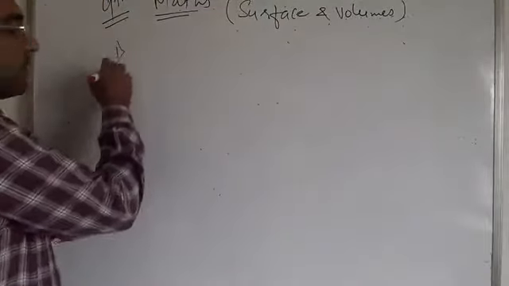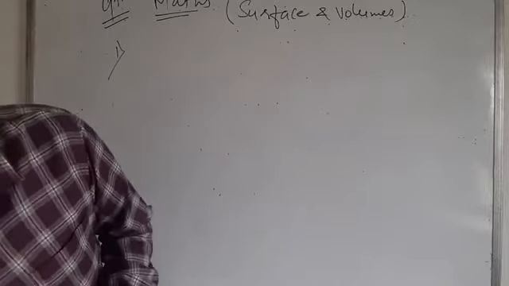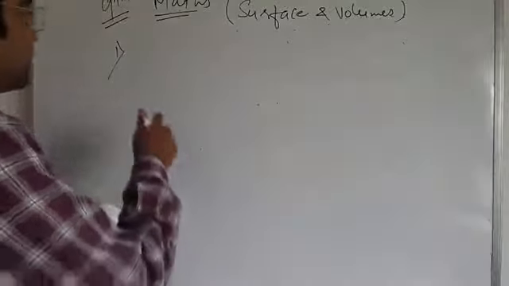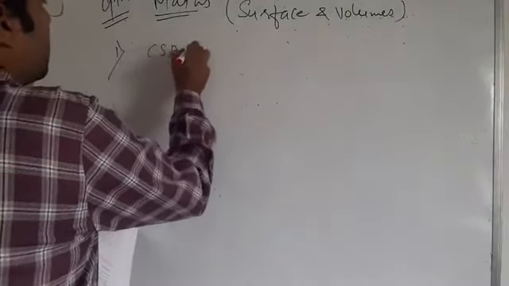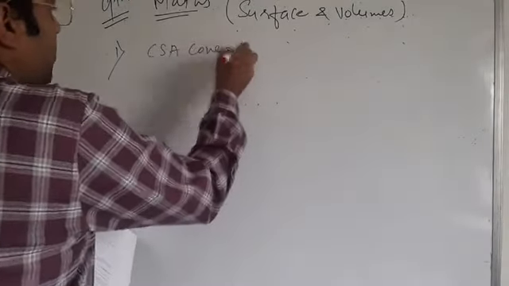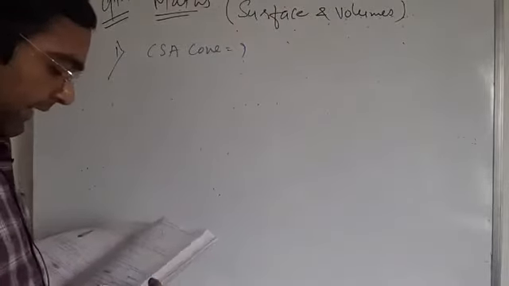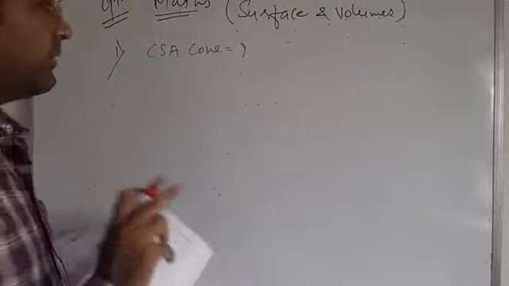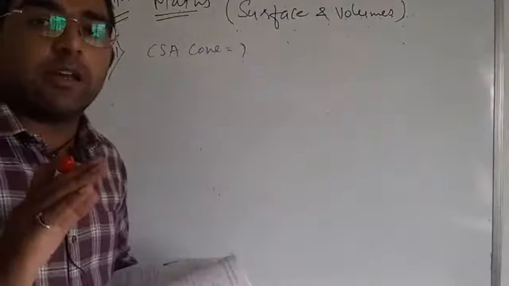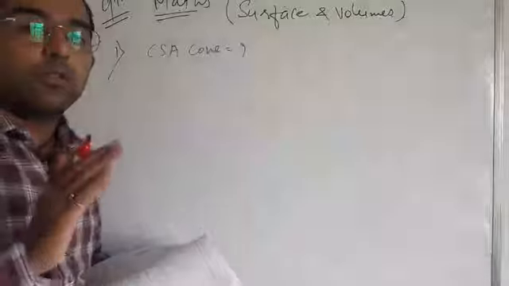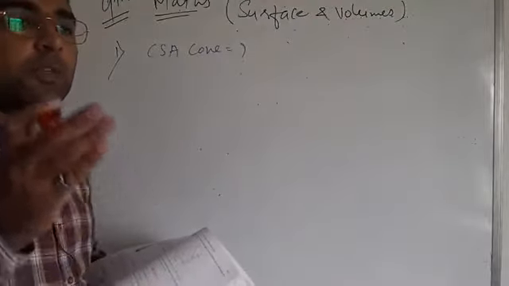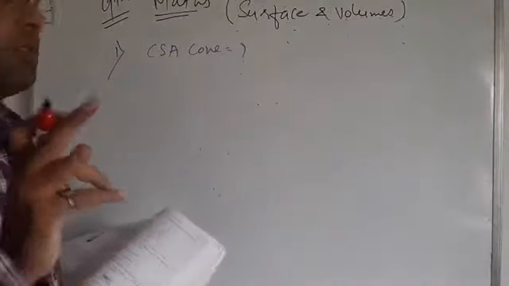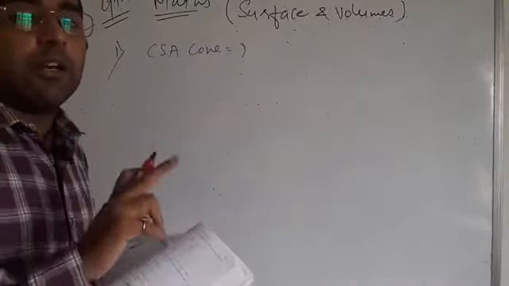That is my first question of the cone: find the curved surface area of the cone. Its slant height is 60 centimeter. Whenever they tell us about the height, they also specify whether it is the slant height or the vertical height.